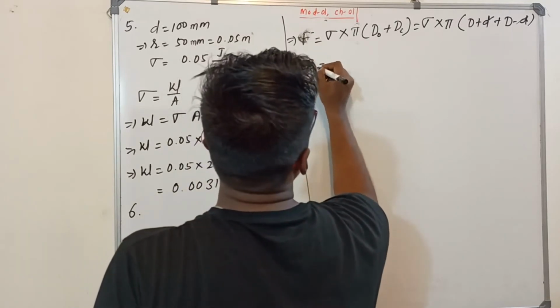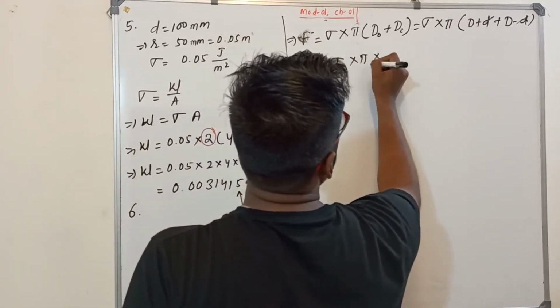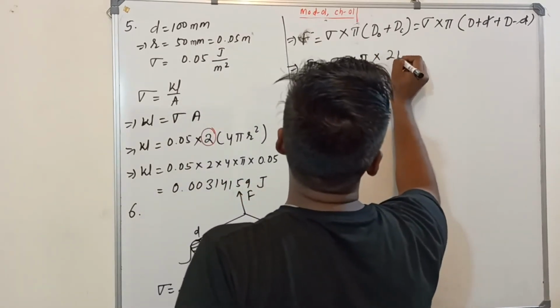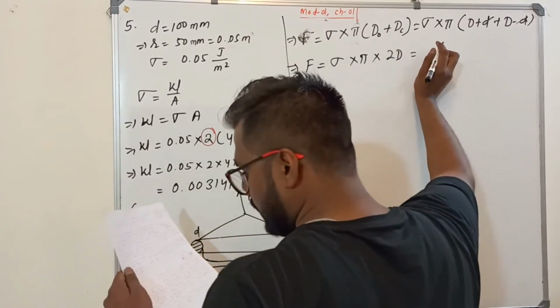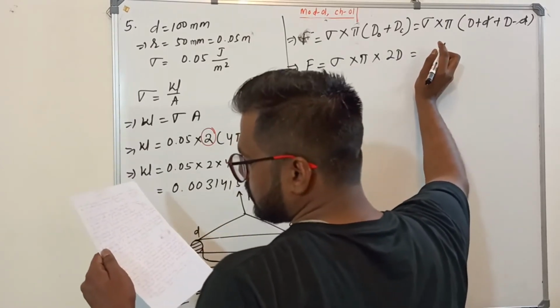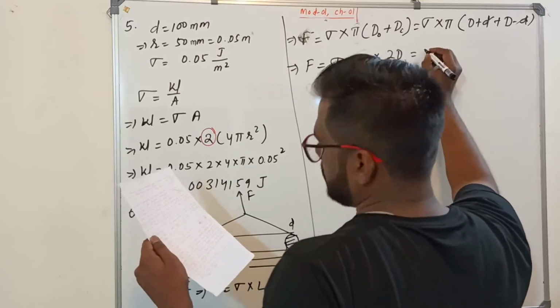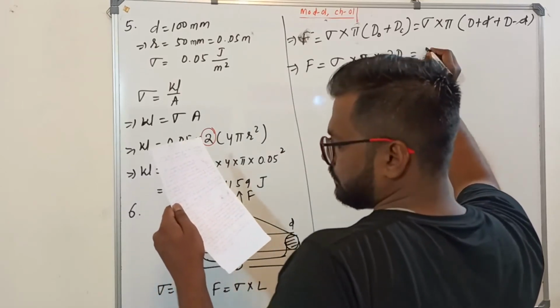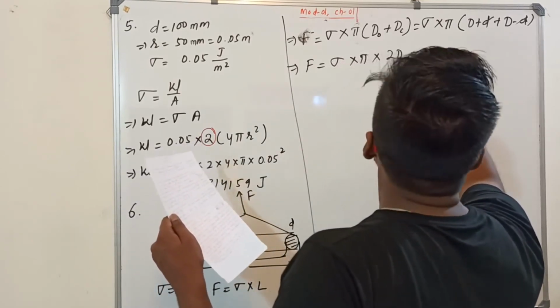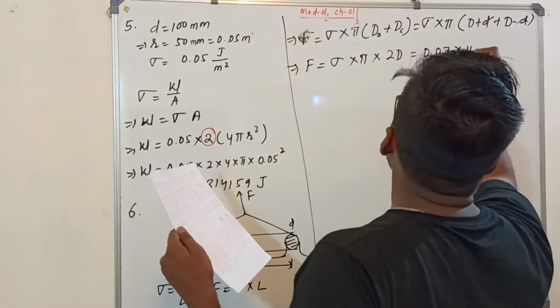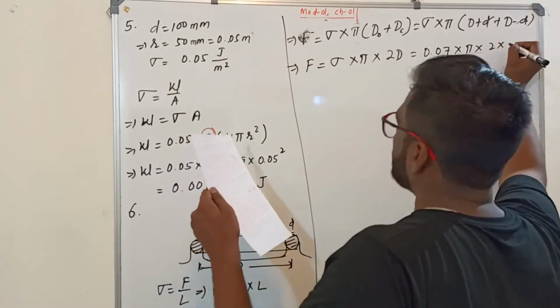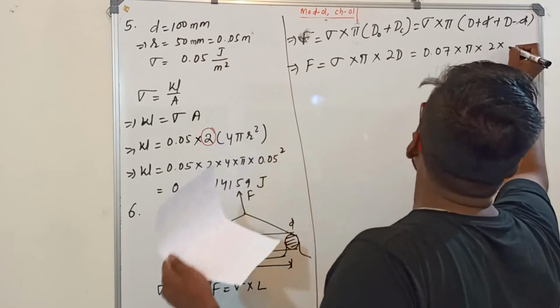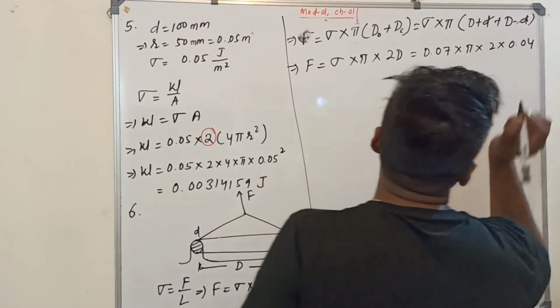So F is equal to sigma into pi into 2d. The diameter is given as 4 centimeters. Surface tension is given as 0.07. So 0.07 into pi into 2 into d, where d is 4 centimeter. Convert to meter: 0.04 meter.